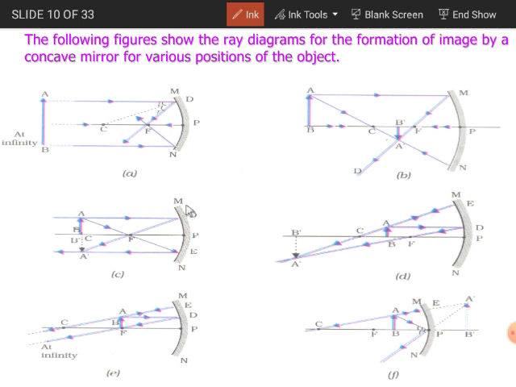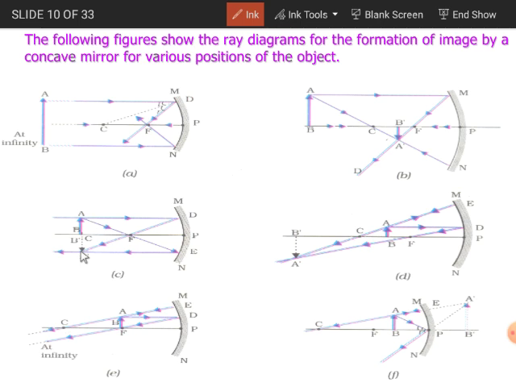Now this one is for the object placed at the center of curvature. AB is the object placed at the center of curvature, and now two incident rays, one parallel to the principal axis, after incident onto the mirror, will pass through the focus. Another ray incident passing through the focus, after incident onto the mirror, will be reflected parallel to the principal axis.